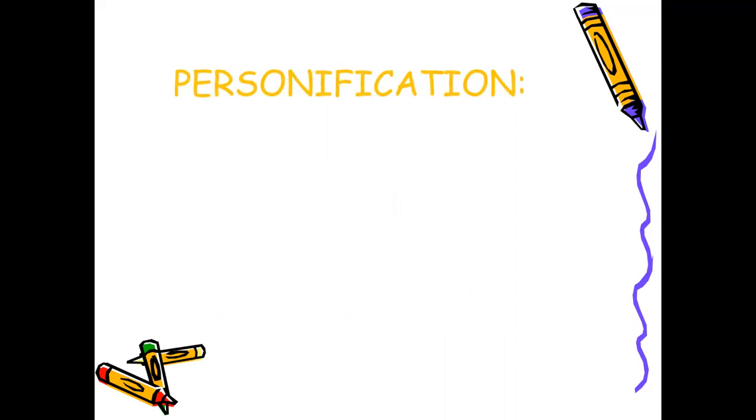Now, the personification. From the name, what are the first 6 letters here? Can you see them? Person. So it has the word person, right? So do you think that it has human qualities or doesn't have human qualities?